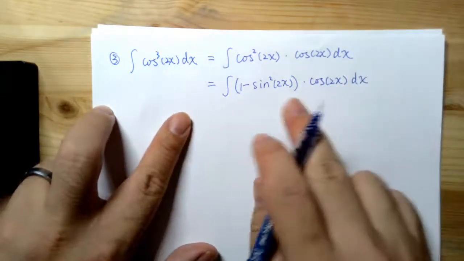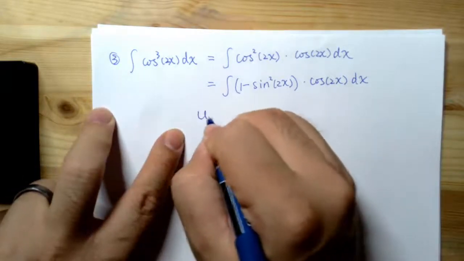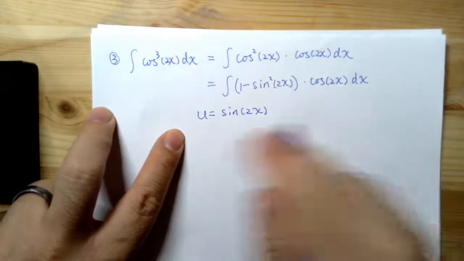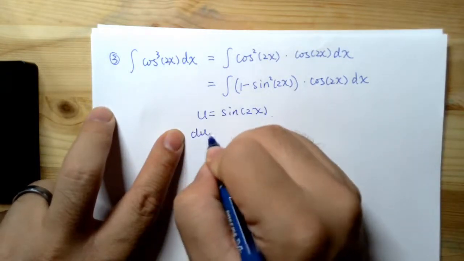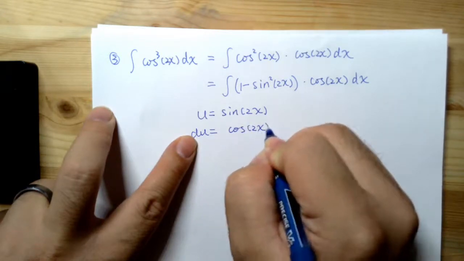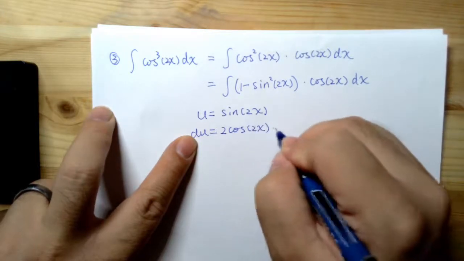So I can make a u substitution here. Take u equals sine of 2x, and then du is cosine 2x times 2, because of the chain rule, times dx.